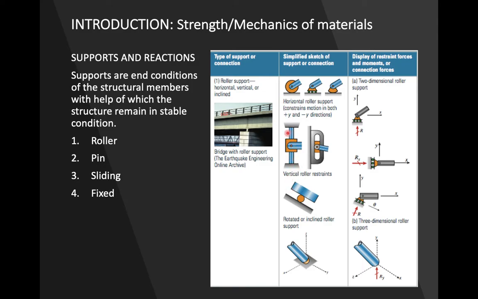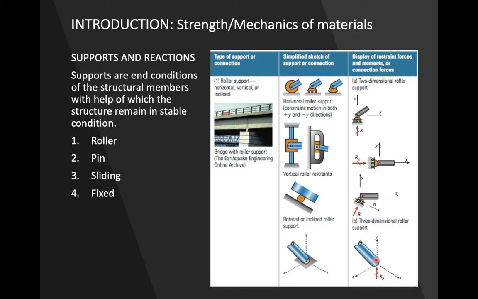This is in two dimensions. If we analyze the body in three dimensions, then this support can move in the x direction and z direction, but it cannot move in the y direction. So this is how the roller support works.